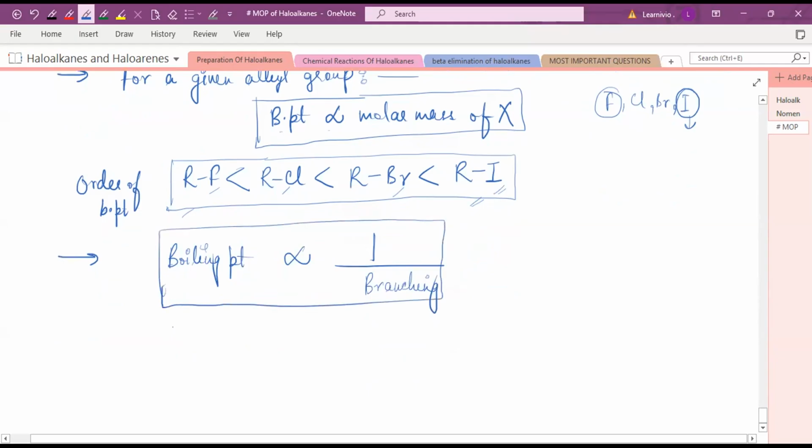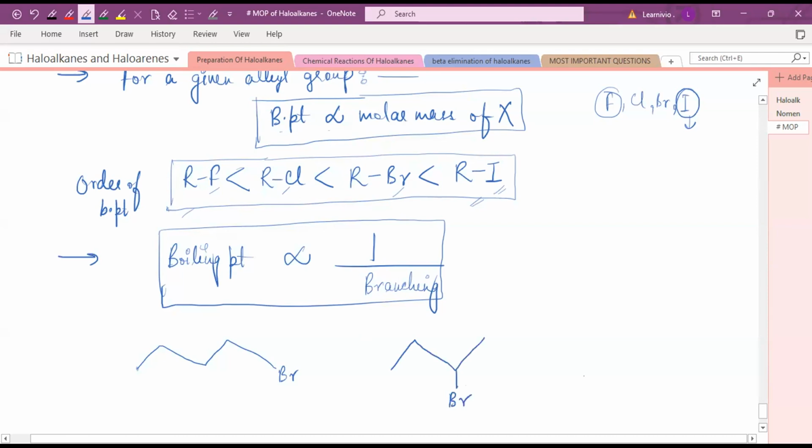Suppose I take this, bromobutane, 1, 2, 3, 4, four carbon.